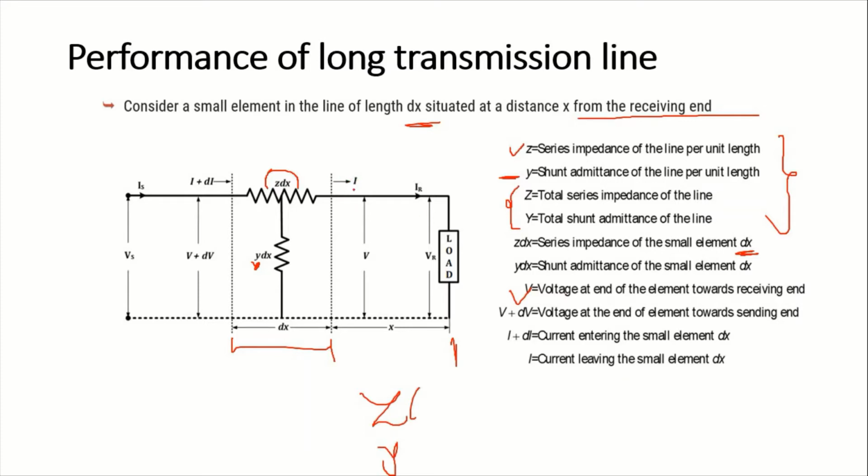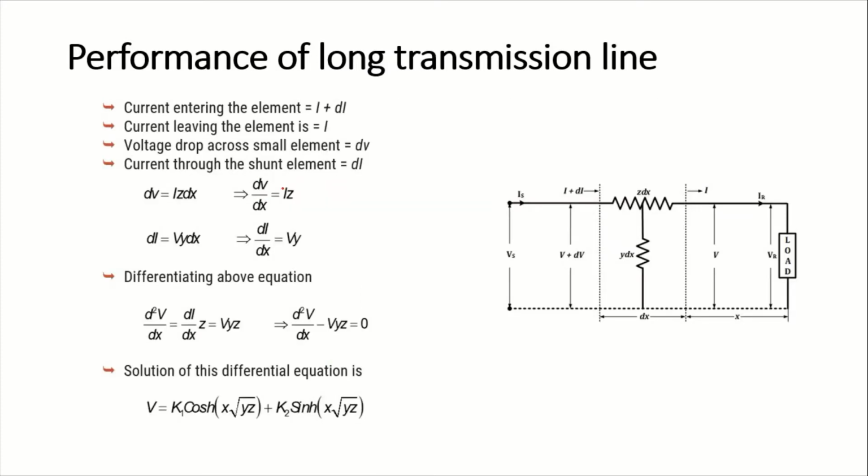Now the current entering the element is I plus dI, the current leaving the element is I, the voltage drop across this small element is dV, and the current through this shunt element is dI. Clear all the notations?